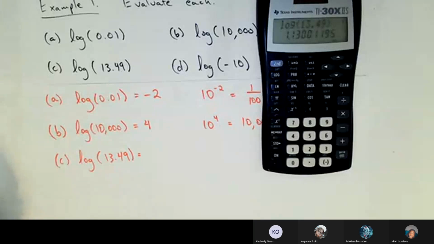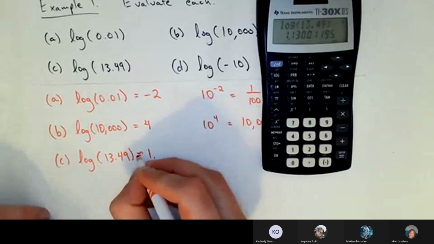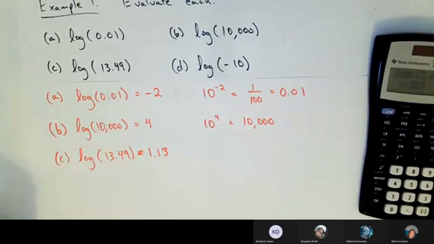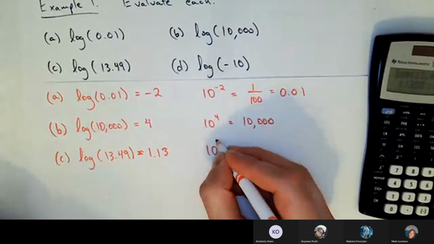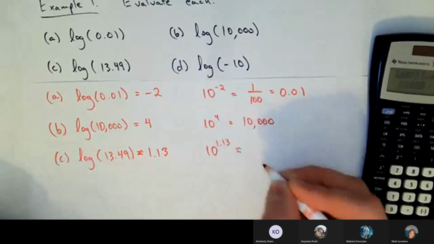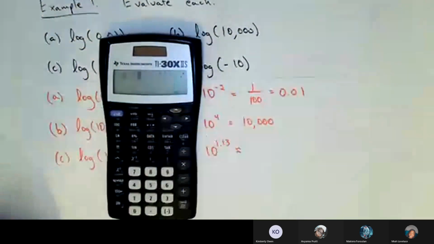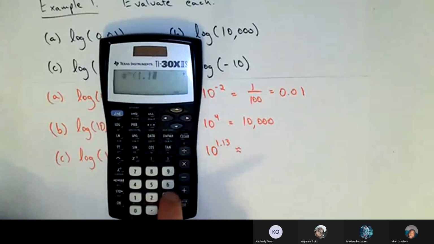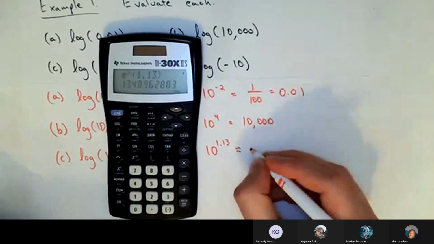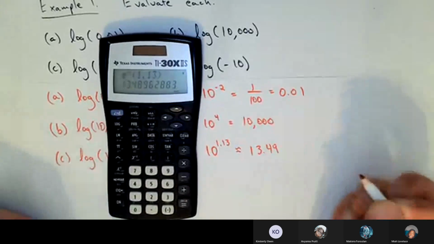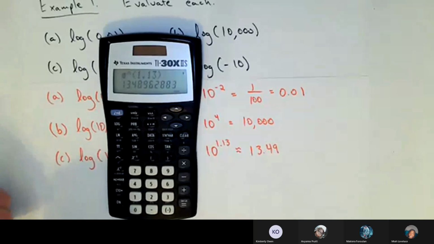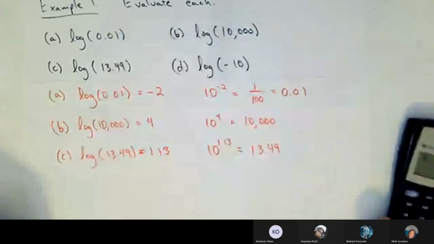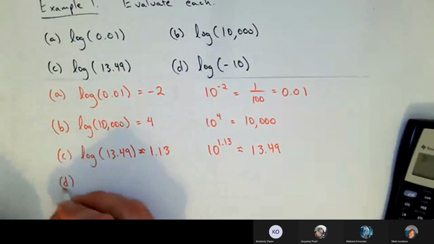We'll just keep 2 decimal places, so approximately 1.13. This means that if I raise 10 to the 1.13, I should get approximately 13.49. Let's see. 10 raised to the 1.13 is, yep, 13.49 if I round. Of course, I'm approximating here, so it's not exact, but it's pretty close.